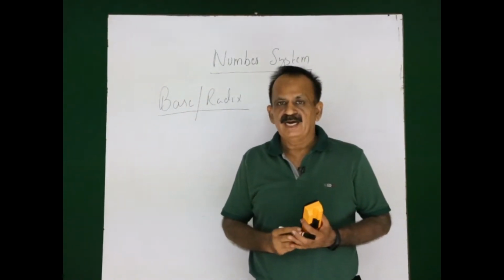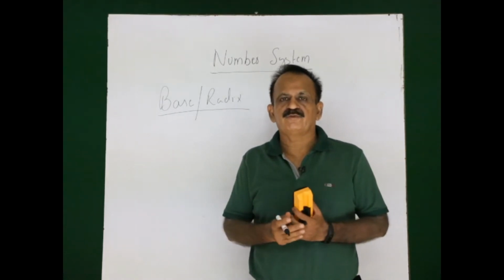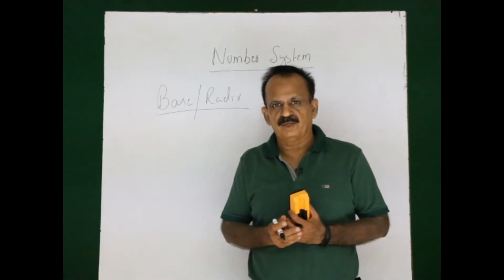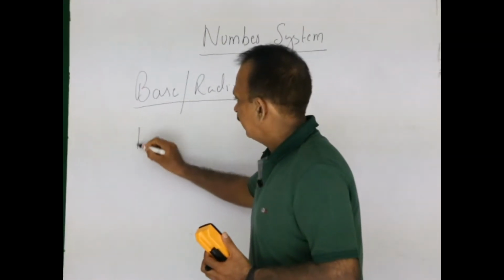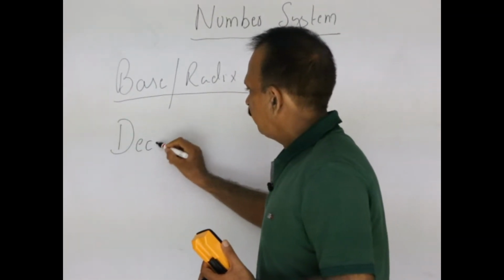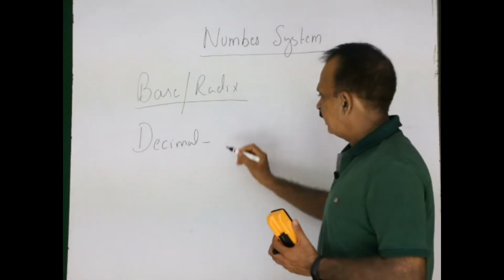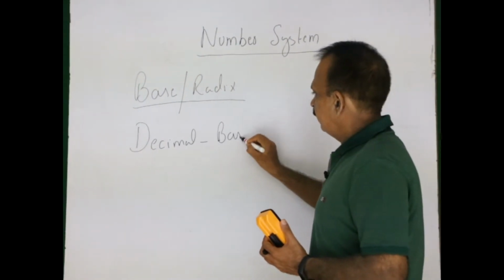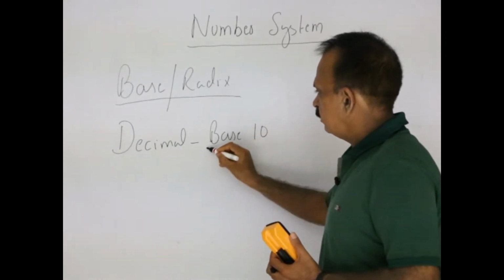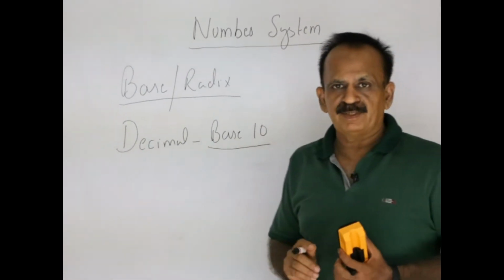For example, the number system we are using from class 1 onward is known as the decimal number system. Now, the decimal number system is the number system which has base 10.